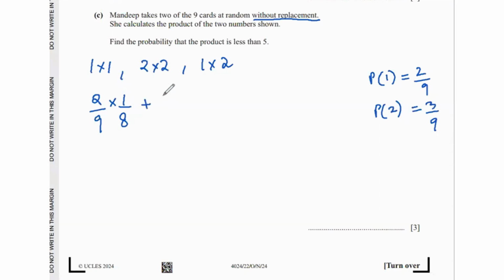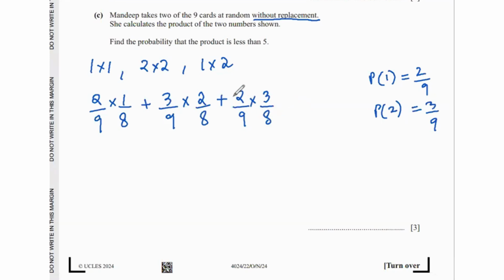Plus 3 over 9 times 2 over 8. The reason why it's becoming 8 now in the denominator, and the number of 1 cards and 2 cards are also decreasing, is because it says without replacement, which means once you've taken the card out, it's out of the total cards. It's not a part of it anymore. And then lastly, for 1 and 2, that's going to be 2 over 9 times 3 over 8.